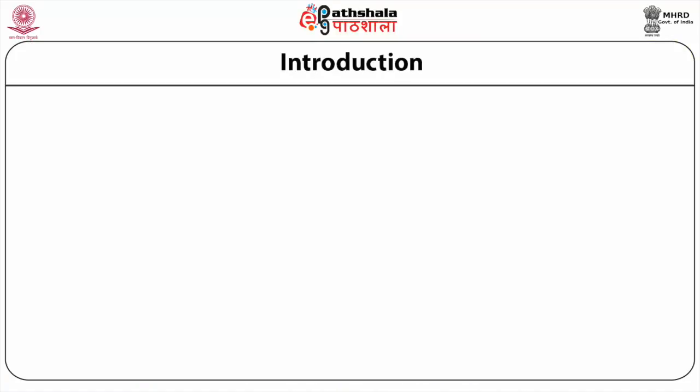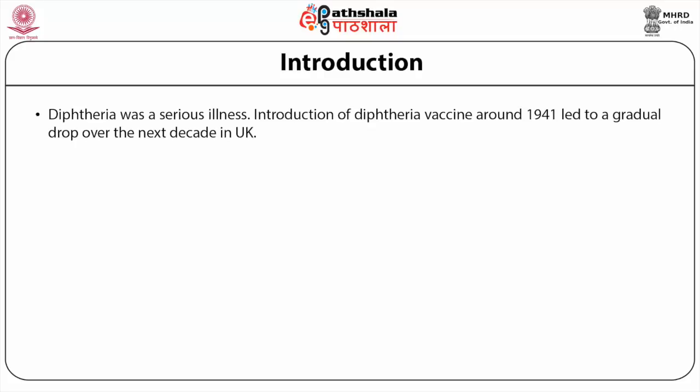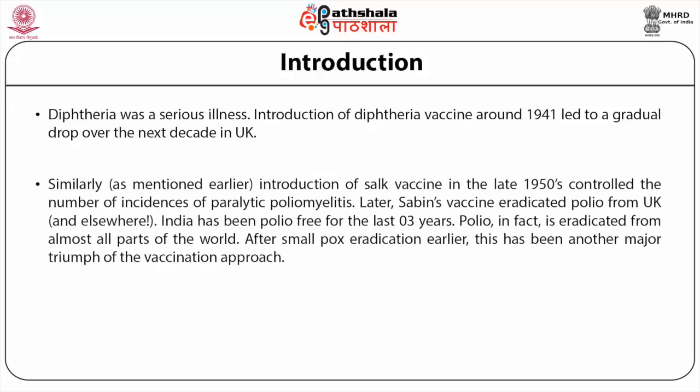Till 1940, diphtheria was a serious illness. Introduction of diphtheria vaccine around 1941 led to a gradual drop over the next decade in UK. Similarly, as mentioned earlier, introduction of Salk vaccine in the late 1950s controlled the number of incidences of paralytic poliomyelitis.